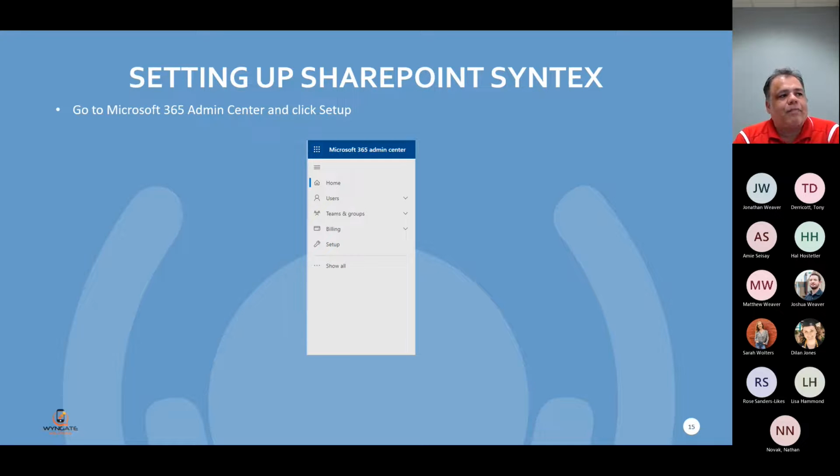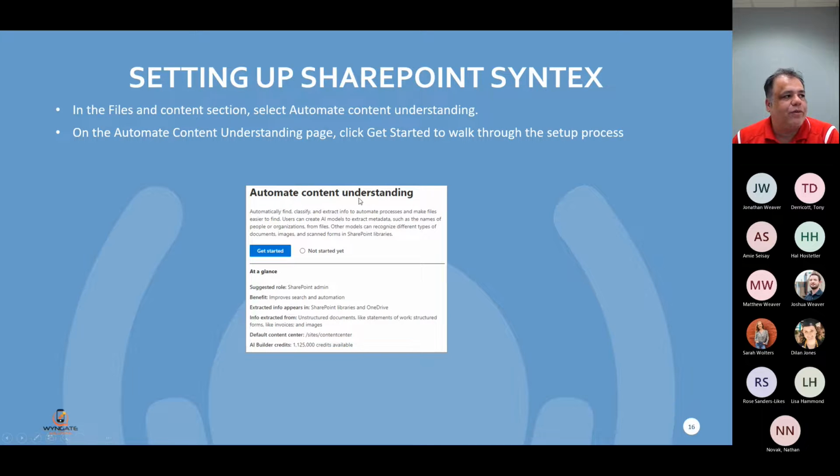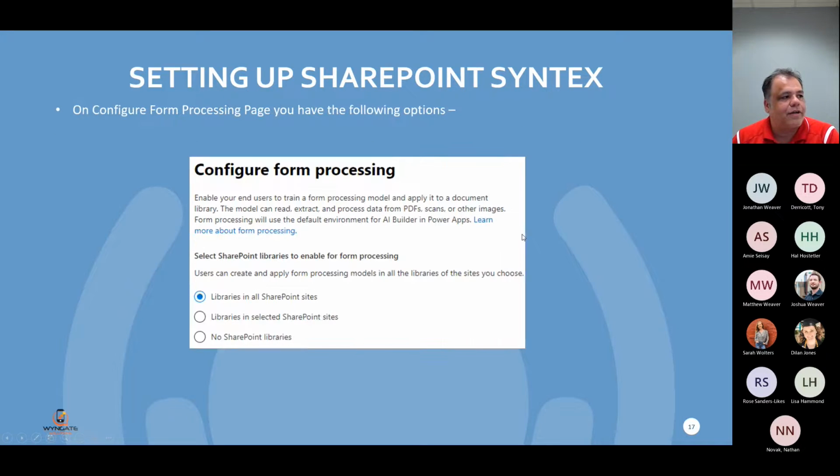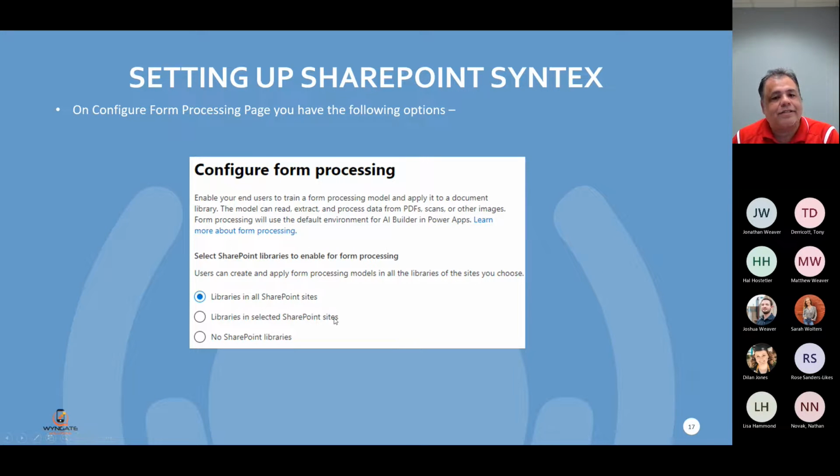Unfortunately, I cannot demo this particular piece, so I've created some screenshots because SharePoint Syntex is already set up in my environment. So basically, these are some of the steps. You go to the 365 admin, click on setup, and then go in the files and content section, select automate content understanding, and then click on get started. And then you can specify whether you want it in certain selected sites or all the sites.